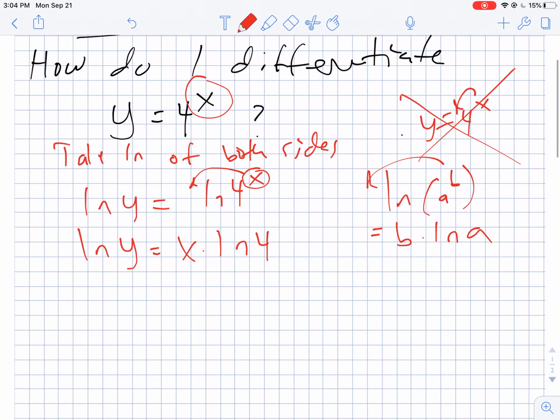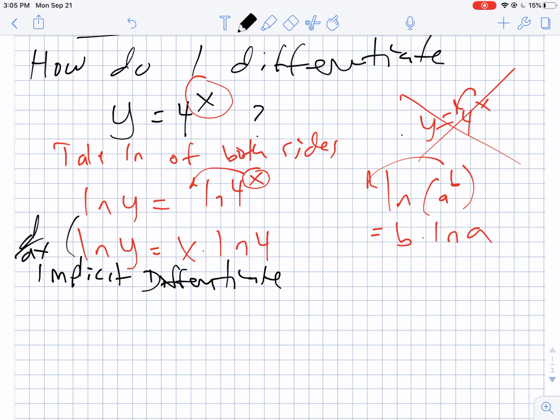Okay, so then when I take a derivative here, I'm going to use implicit differentiation like we've done in class. So if you take the derivative of both sides, the derivative of ln y is 1 over y times the derivative of y, and then x ln 4. If we take the derivative of 3x, that's 3.